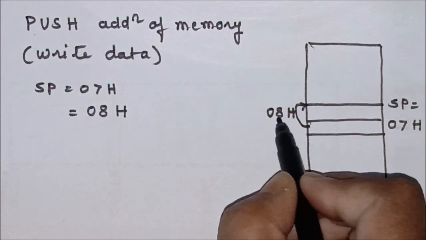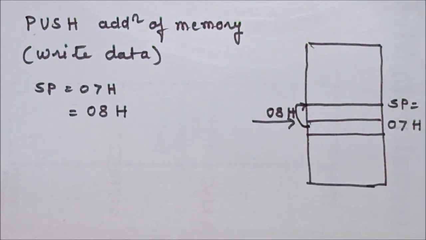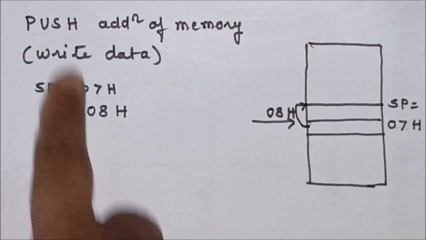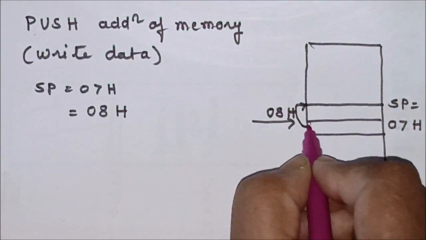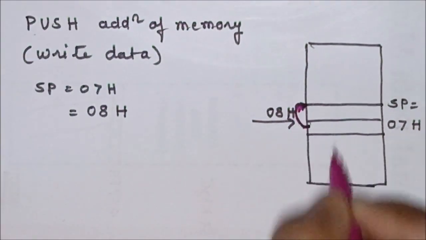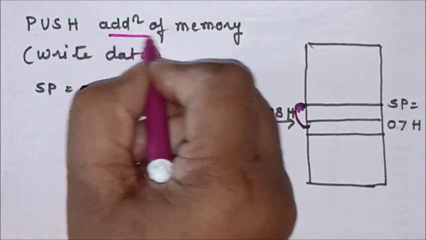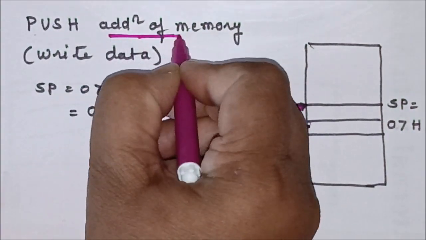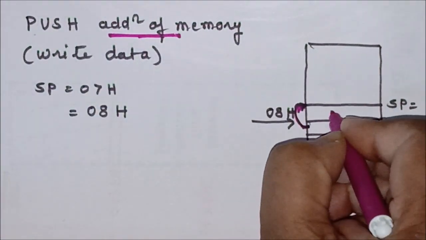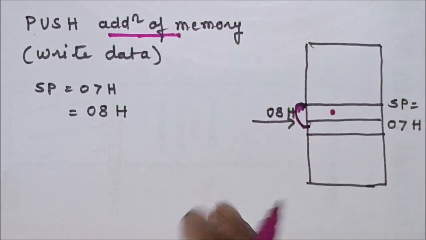So when the microcontroller executes a push instruction, first it increments the stack pointer by 1 and then it stores the data at the memory position where the stack pointer is pointing.